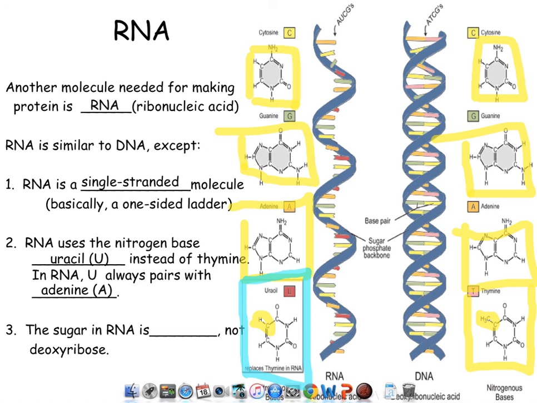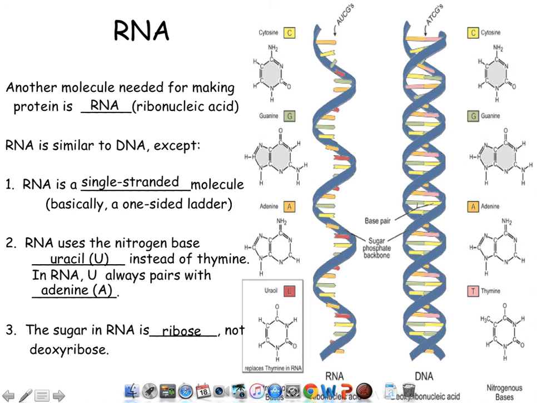Okay, finally, the sugar used to make the sugar phosphate backbone in RNA is called ribose, not deoxyribose. So recall that our backbone here is alternating sugar, phosphate, sugar, phosphate, all the way up both sides of the ladder.